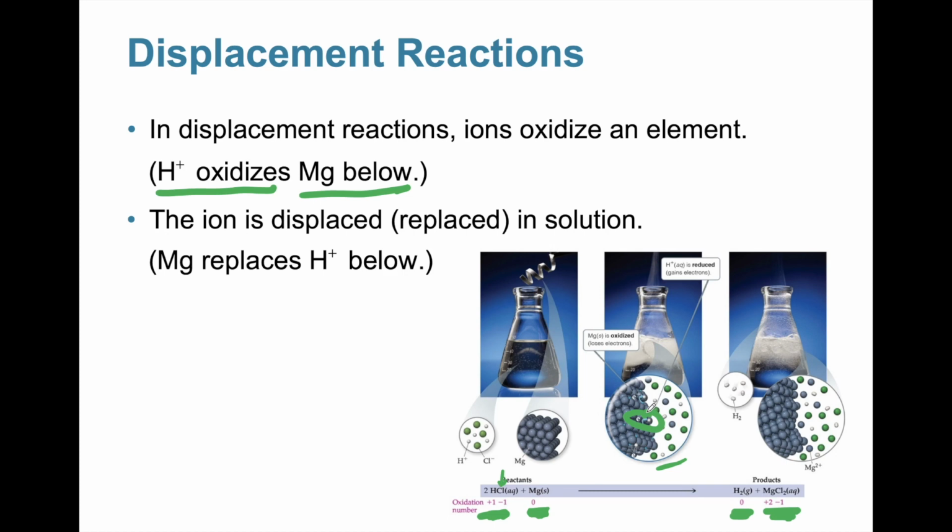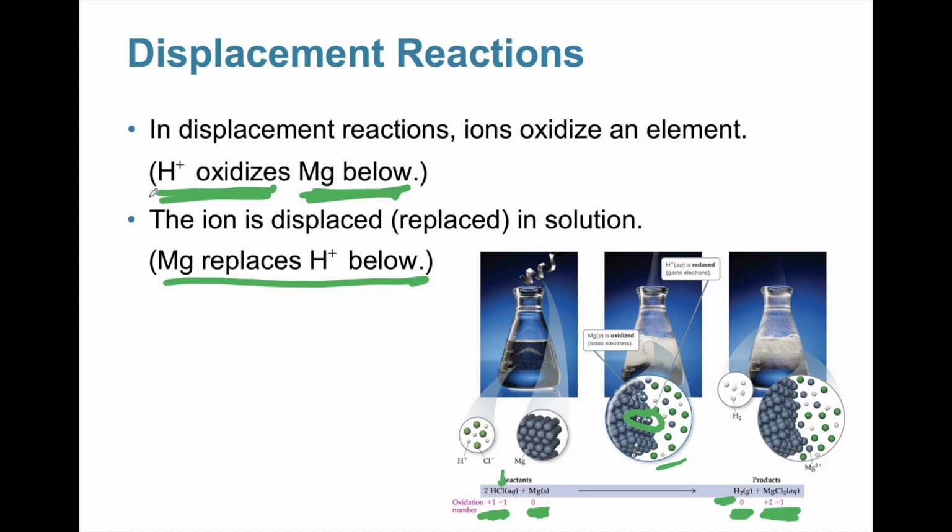Anyway, so chemically, hydrogen oxidizes magnesium, takes its electrons, and it does that so that it becomes hydrogen gas on its own, floats away, and that means it's been displaced. And so now magnesium replaces hydrogen in the reaction, and chlorine gets to be with magnesium now, so it's magnesium chloride.